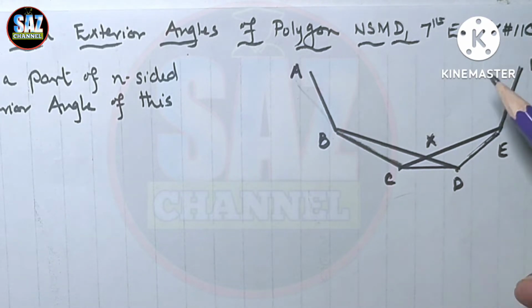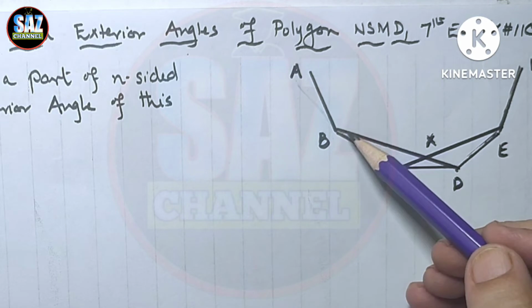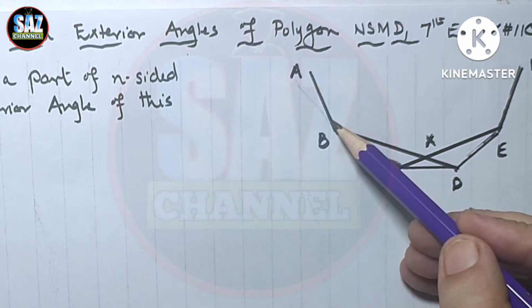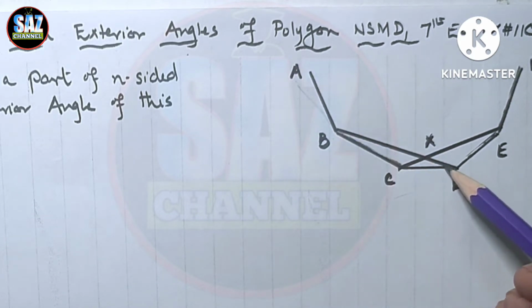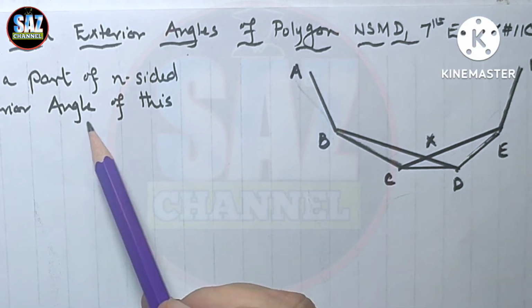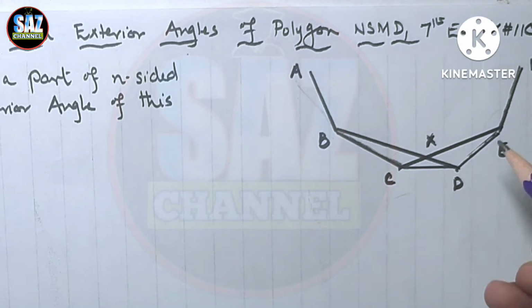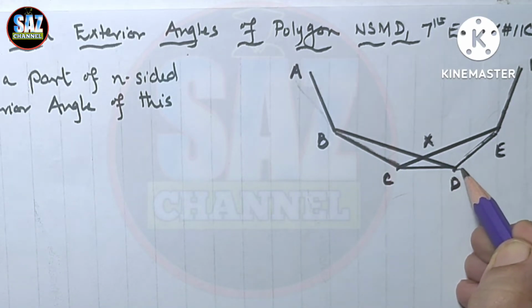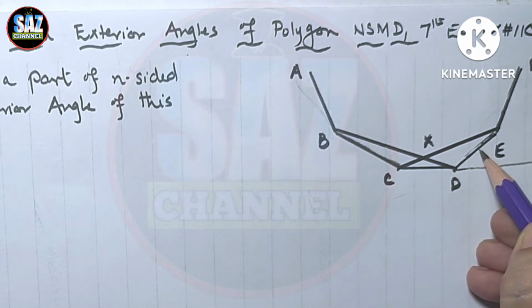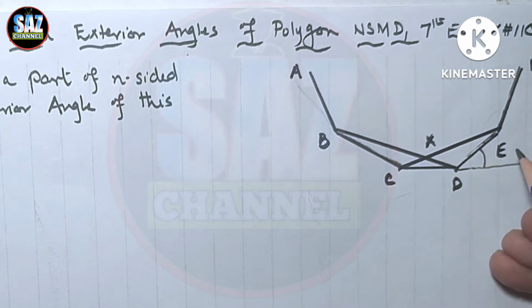It means AB, BC, CD, DE and EF, whatever length they have, will be of equal measure, and the size of each interior angle will also be the same. And we are given the size of one exterior angle. Suppose I am making the exterior angle at this place, it is of measure 36 degrees.